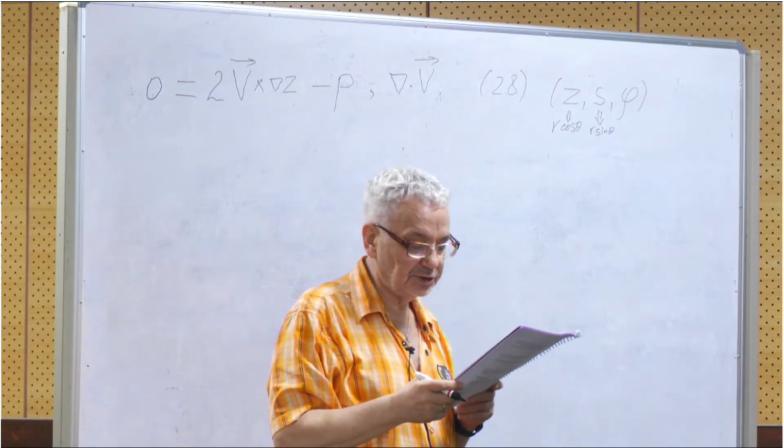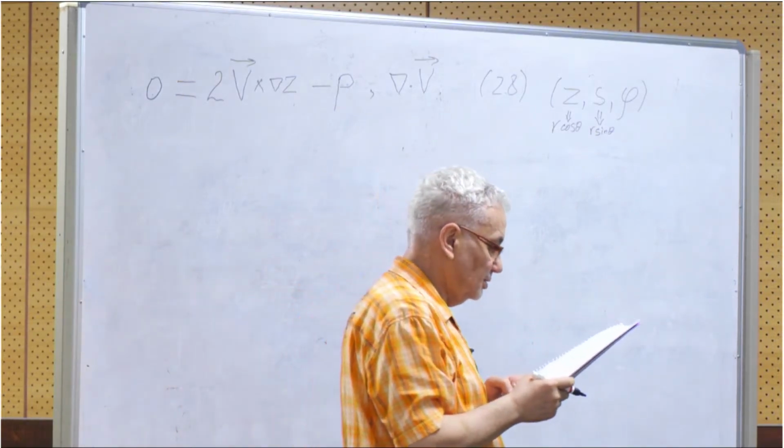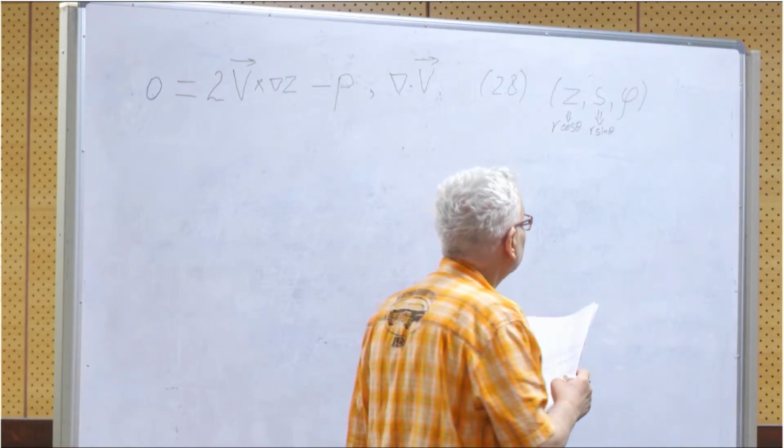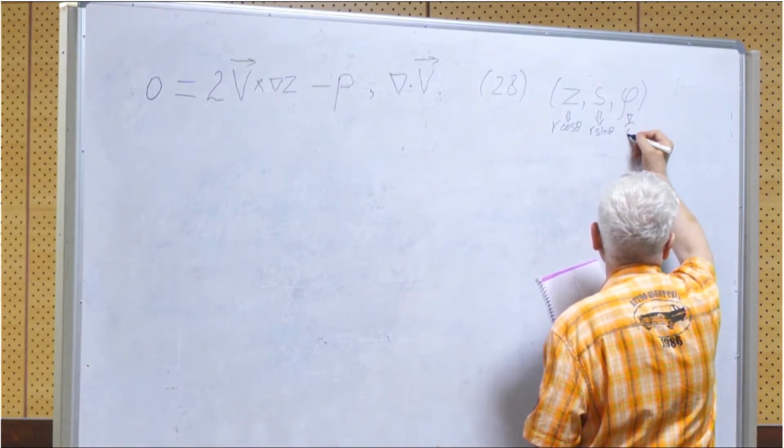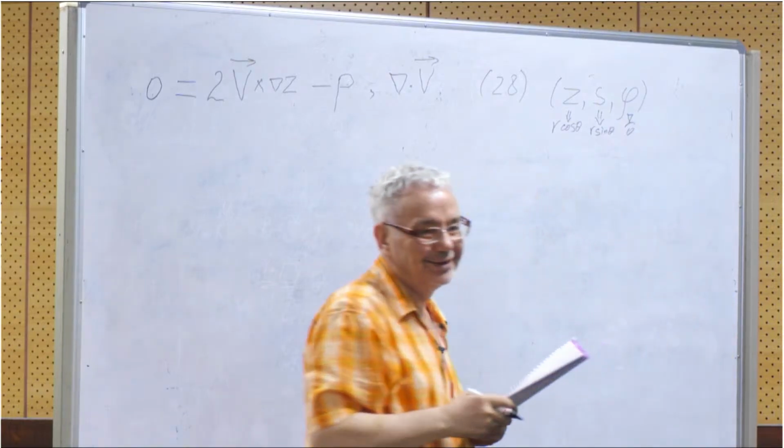And again, I stress that the azimuthal coordinate phi is the same in both systems. It is the same. I just put the exclamation mark here.